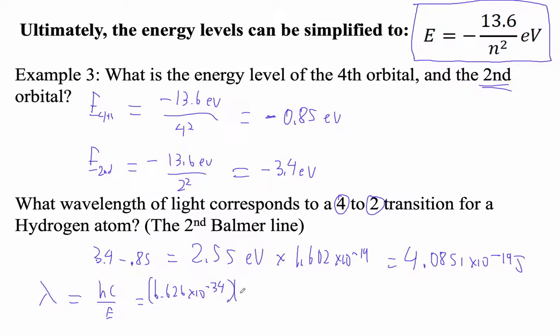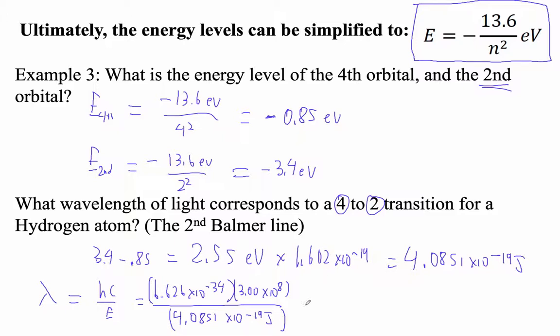Was it earlier this year I realized I'd forgotten Planck's constant. It shook me to my core. Then I remembered it again very quickly. All right, here we go. So 6.626 E minus 34 times 3 E8 divided by the answer I just got.